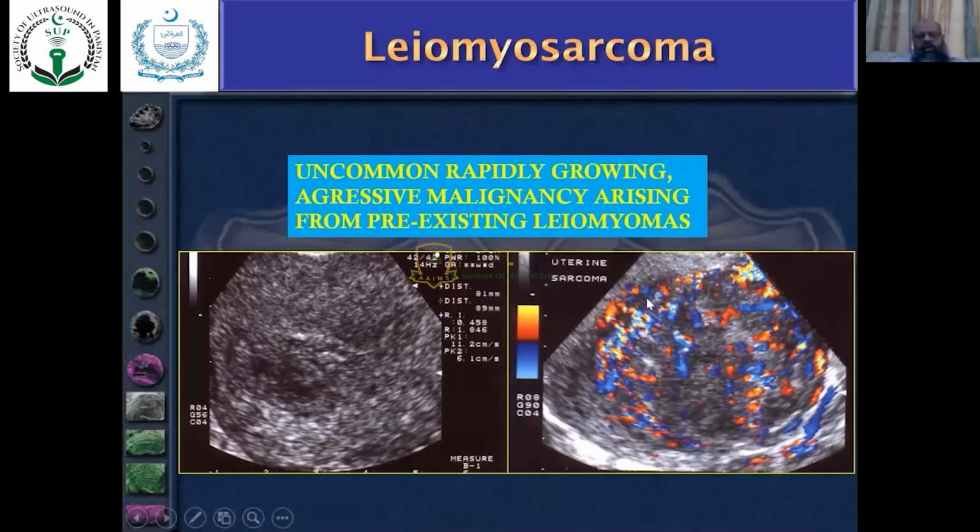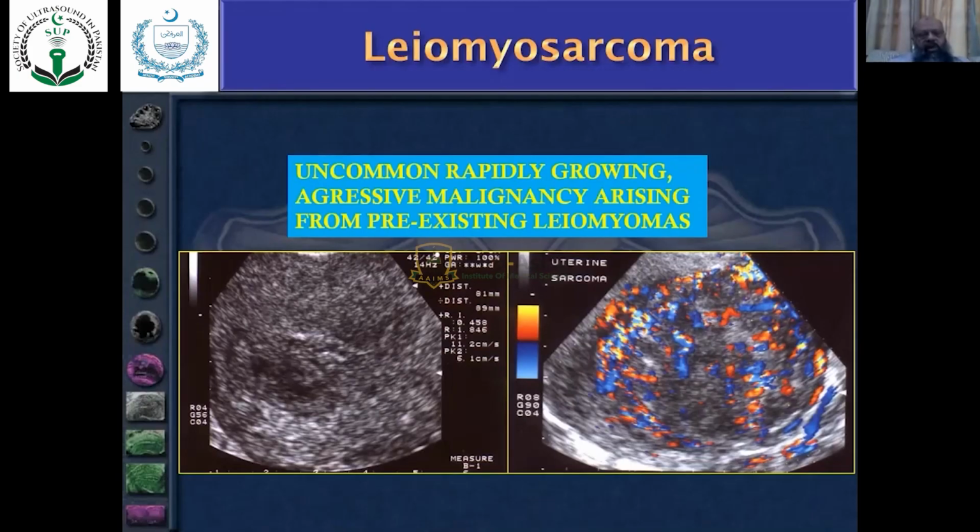On Doppler, there is excessive flow. We can have more flow or increased flow in a fibroid, in a leiomyoma or myoma, in cases of pregnancy. As with pregnancy, the spiral arteries are straight, the blood perfusion to the uterus and cervix is increased, so the endometrium is increased.